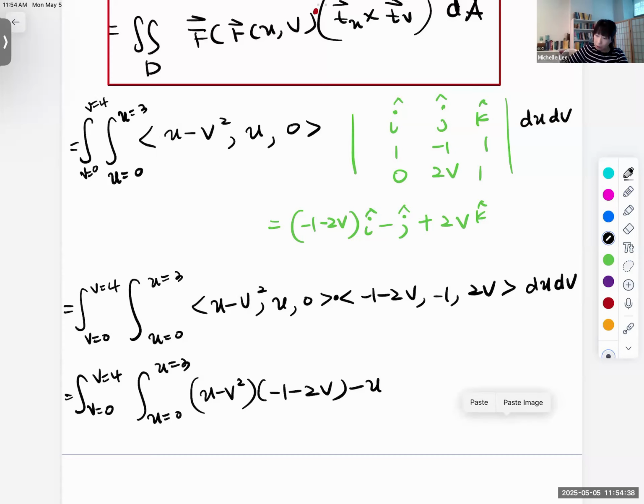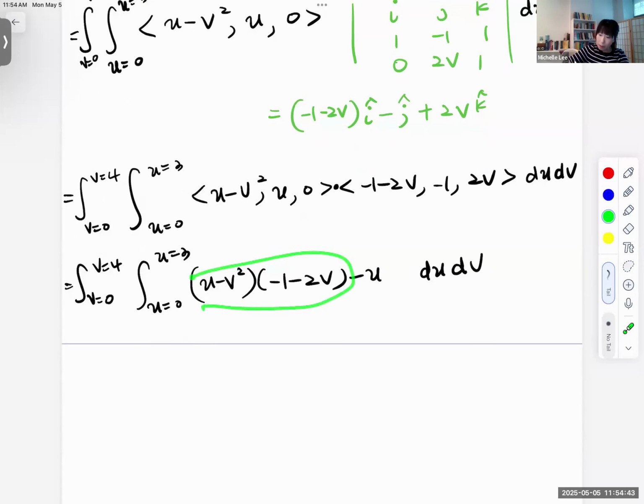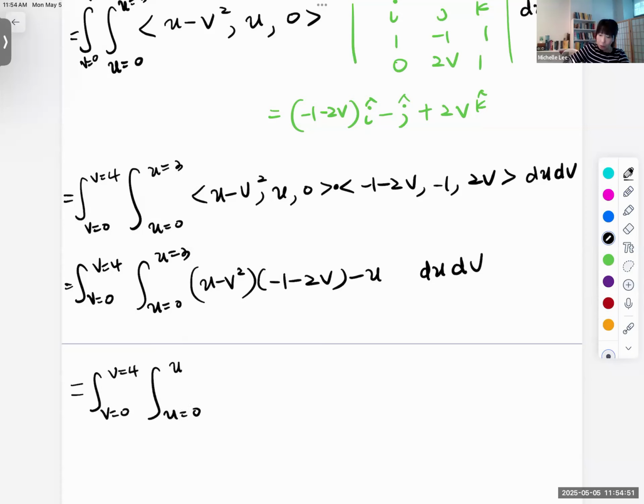So let's multiply. The first term gives negative u, the second term minus 2uv, the third term positive v squared, and the last term positive 2v to the third power, and negative u, du dv.